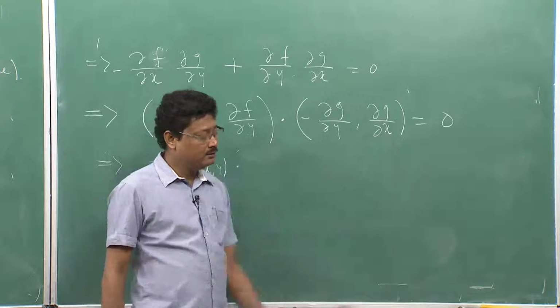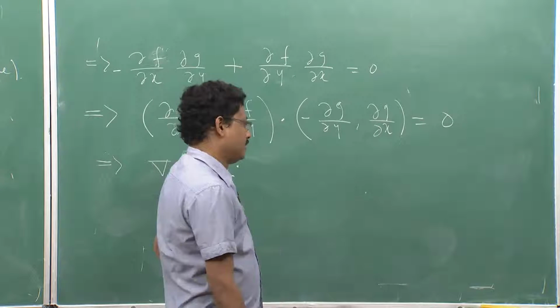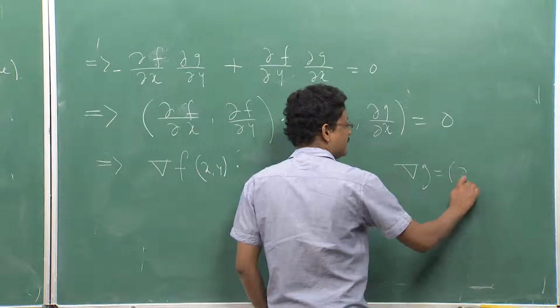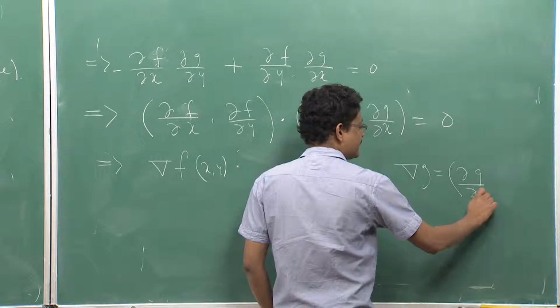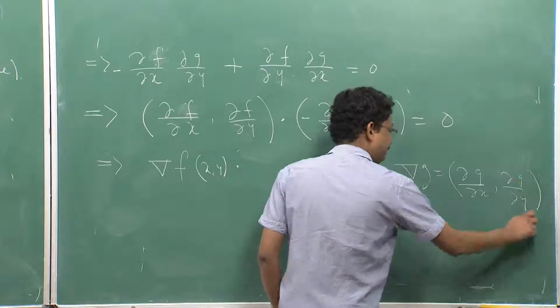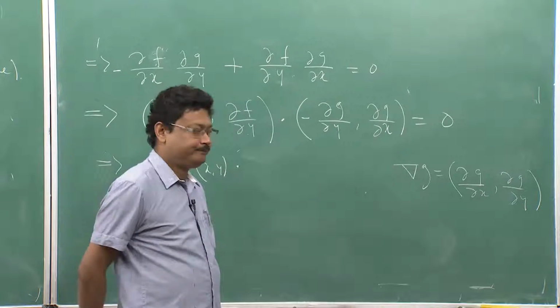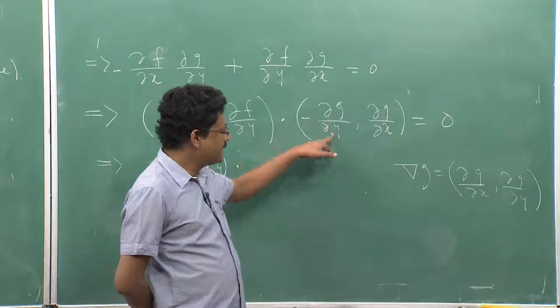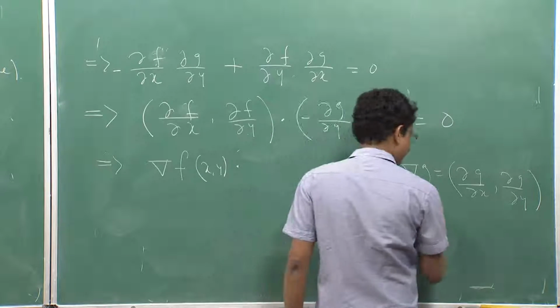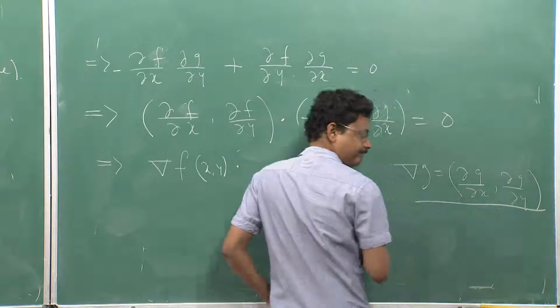What is that? Well, grad G is (∂G/∂x, ∂G/∂y).